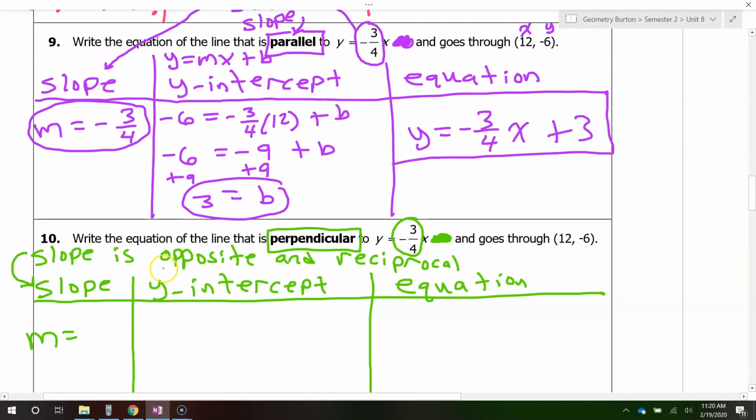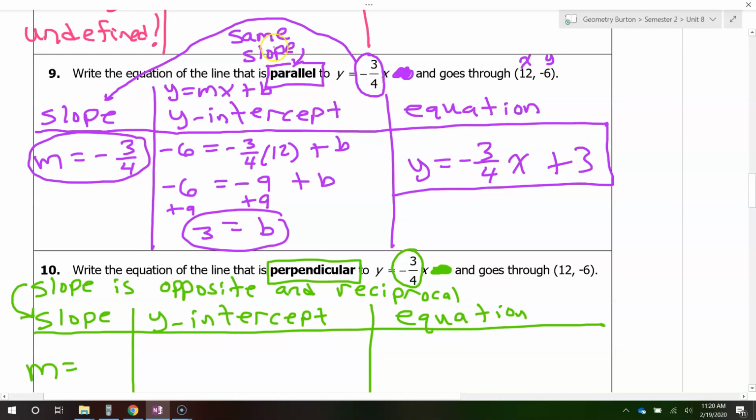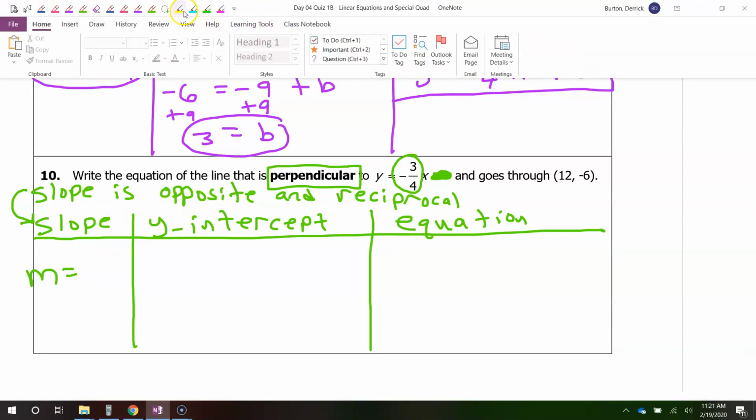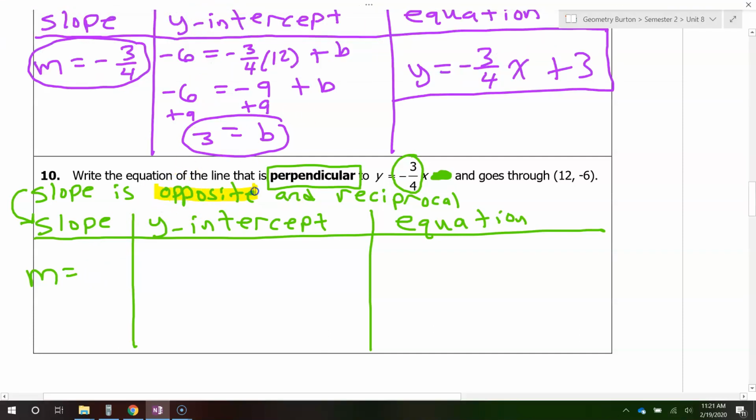On the previous problem, I just wrote -3/4. That's what you do when it's parallel, same slope. Perpendicular lines do not have the same slope, so I'm not just going to copy this down. I have to go opposite and reciprocal with it.